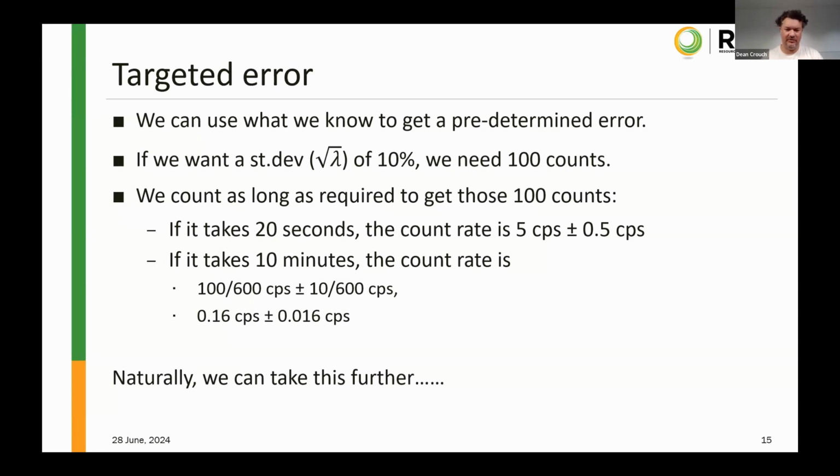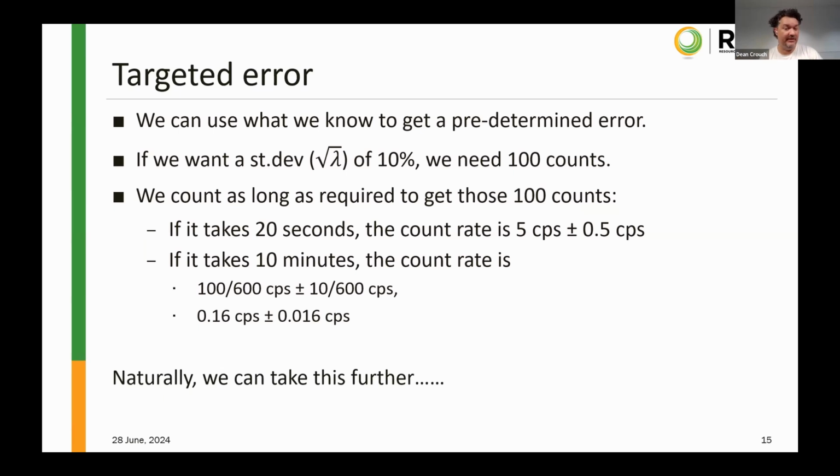Obviously, you're going to have to do some clever math to get the background out of that. But by standing out there longer, aiming for a certain number of counts, in this case 100, you can drive that error, which is handy.